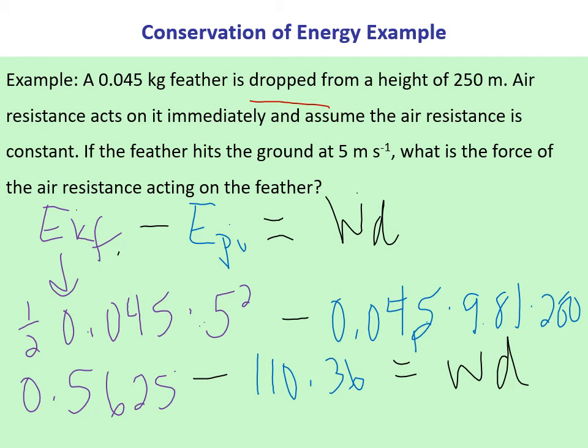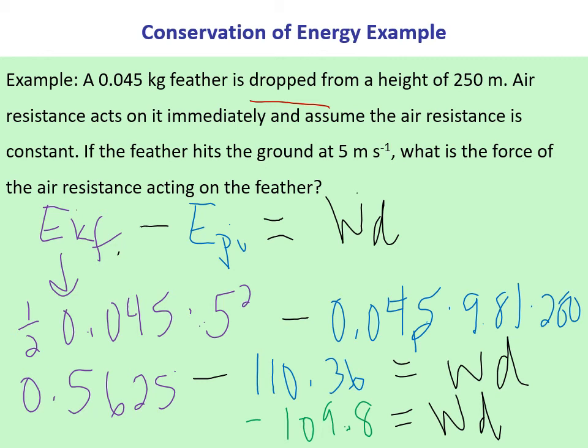And then the difference between the two is negative 109.8 joules. That's the difference between the final kinetic energy and the initial potential energy. That is equal to the work done by air resistance.